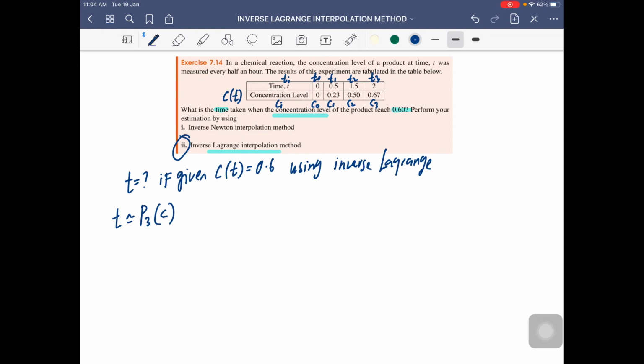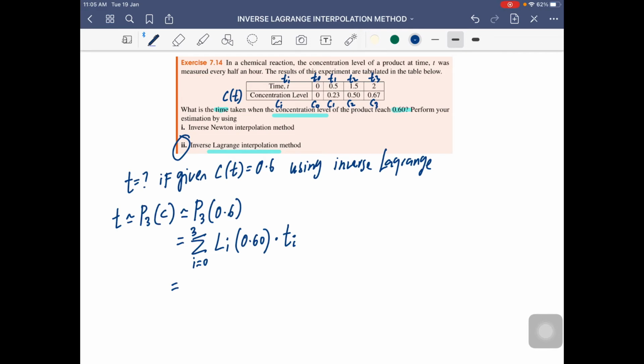So we will estimate t by using P3 of our given function value, concentration, when C is 0.6. I straight away plug in the value of our concentration. Based on the formula, this is a summation i equal to 0 until 3, so we must have our Lagrange term Li(C) with C at 0.60, and then multiply with ti, because our variable x here is t, time.